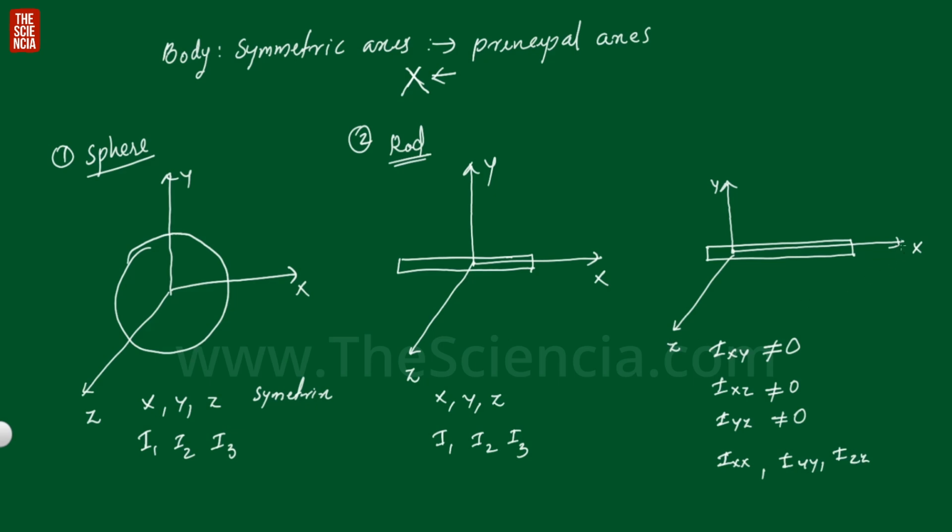Here you can see it is symmetric about only the x-axis, but not about the y and z axes. So for this body, the y and z axes are not principal axes. Therefore we get a combination of moments, that is the product moments, Iyz, Ixy, these combinations.